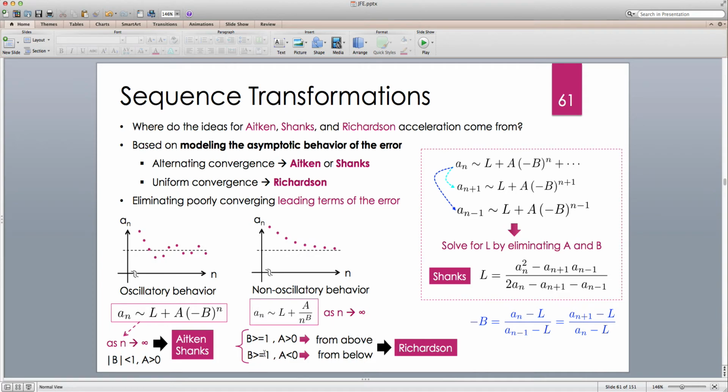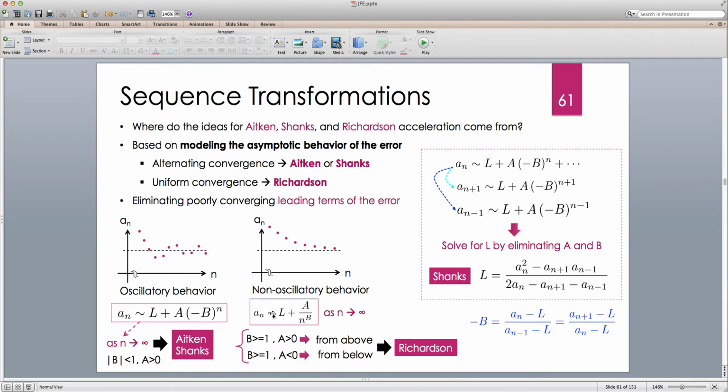And when you subtract both sides, we have n plus 1 times a_(n+1) minus n a_n on the left side. On the right side we have n plus 1 L plus a over n plus 1 to the b, minus nL plus a over n to the b.